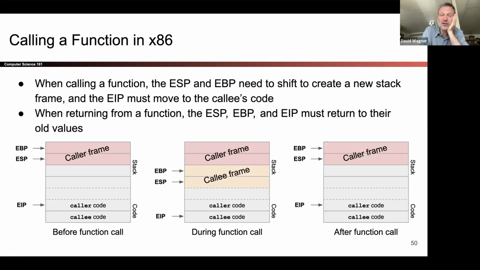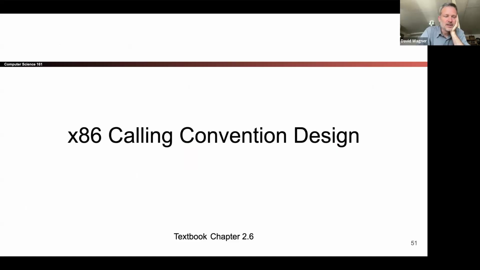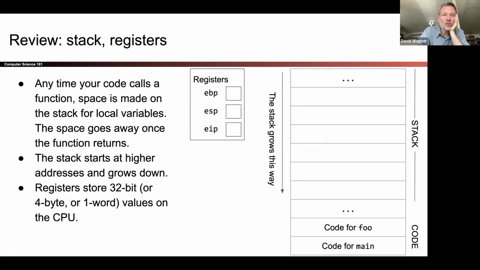So when you do a function call, ESP and EBP get moved down so that now they refer to the stack frame of foo, which is now executing. And then when foo returns, they get restored to their old values. So a function call works by making space for foo and then updating EBP and ESP.